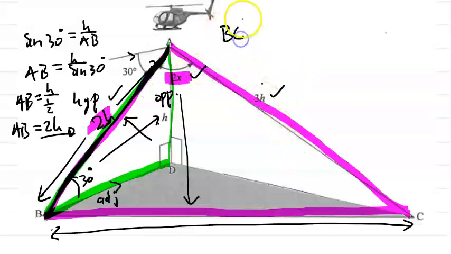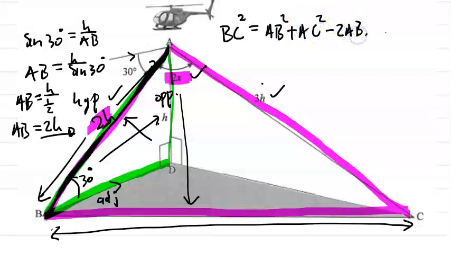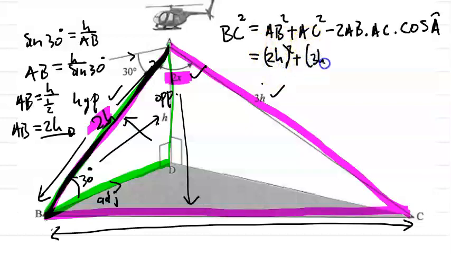Remember, the cosine rule is as follows. BC squared is going to equal AB squared, which is basically 2h, plus AC squared minus 2 times AB times AC times cos of this included angle, which is A. So if we now substitute, we get BC squared equal to 2h all squared plus AC squared is 3h squared minus 2 times 2h times 3h times cos of 2x.